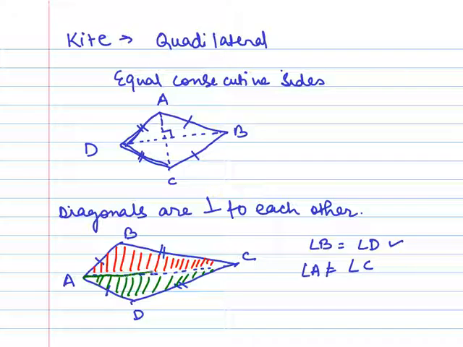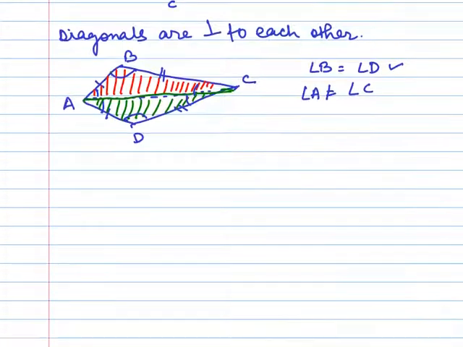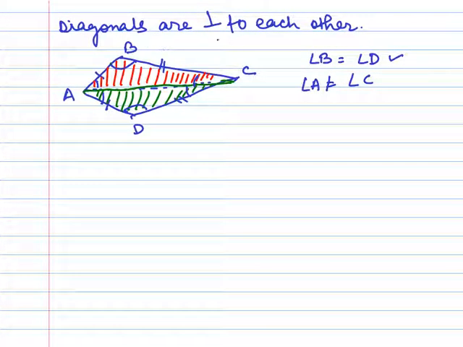Therefore, angle B will be equal to angle D. This angle will be equal to this angle, but A is not equal to C. So in the first part we have proven that angle B is equal to angle D.